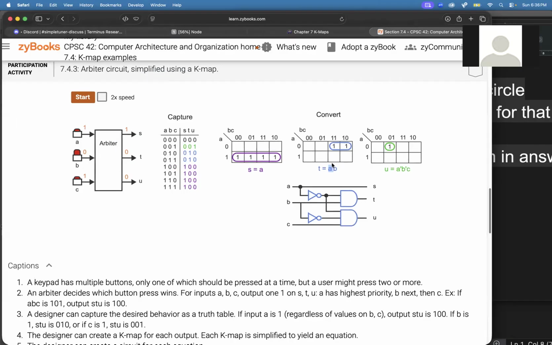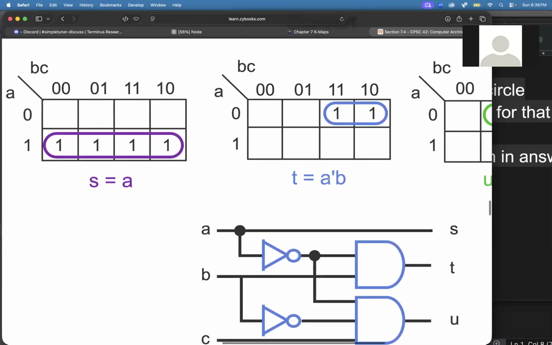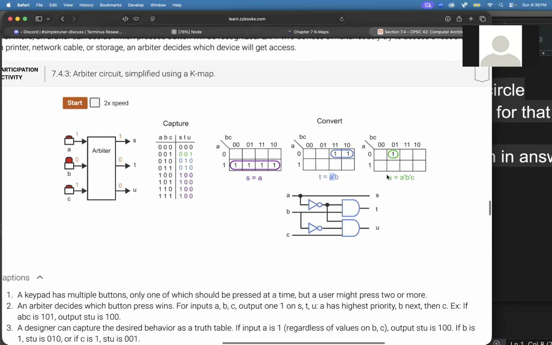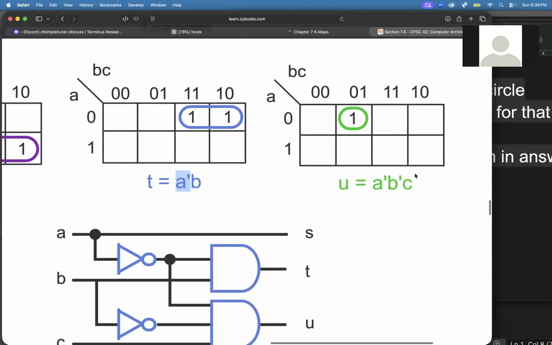Because if you press button A, it's higher priority, so you don't activate button B if they're pressing A. So you have to press B and not be pressing A to get an output of B. And similarly for C, the lowest priority, you only output C if you're pressing C and you're not pressing B and you're not pressing A.